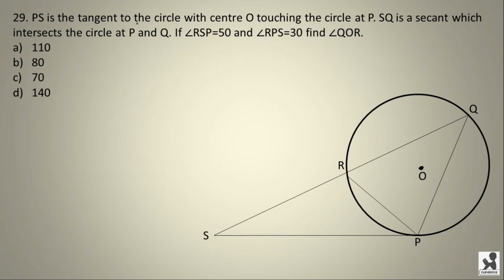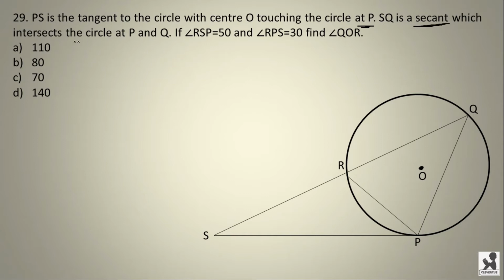PS is the tangent to the circle with center O. So the tangent is touching the circle at P. Now SQ is a secant.